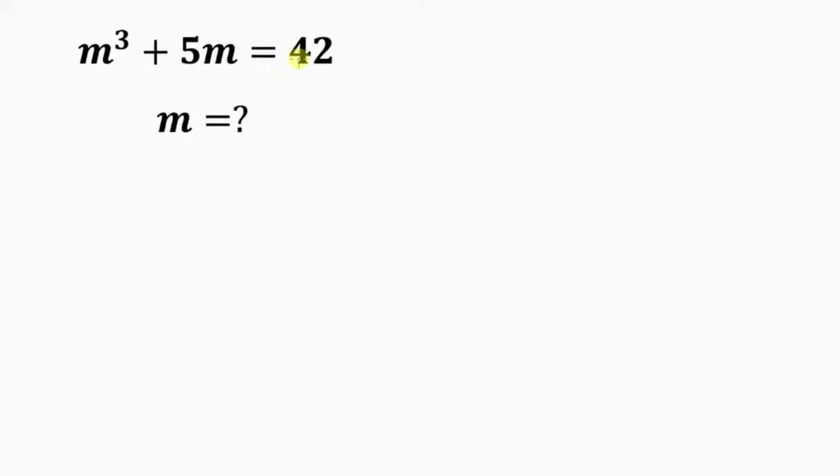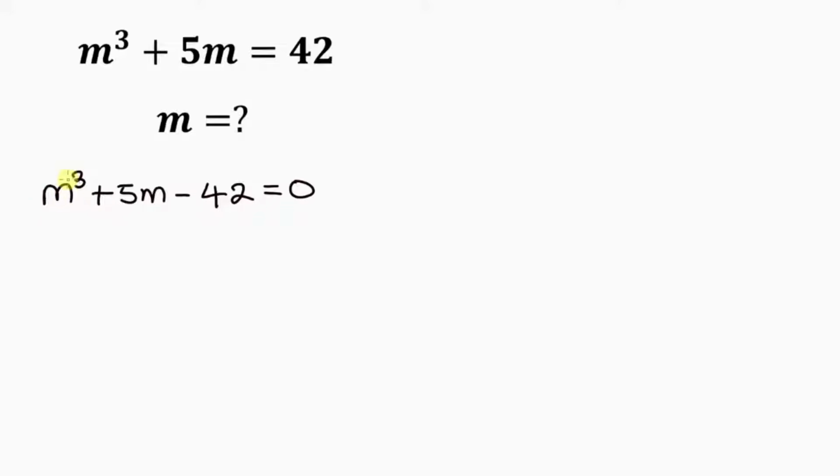We are to move 42 to the left hand side so that we have m to the power of 3 plus 5m, and as 42 crosses to the left, it becomes minus 42. This is equal to 0. Now our next step will be for us to distribute this 42. We're going to sum two numbers to give 42, such that one of the numbers must be a perfect cube.